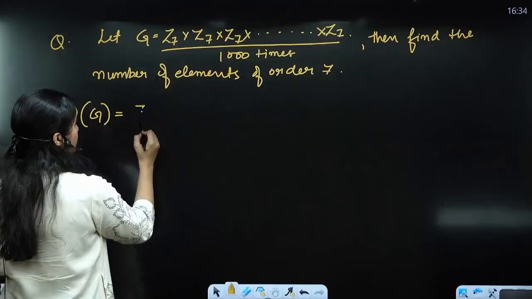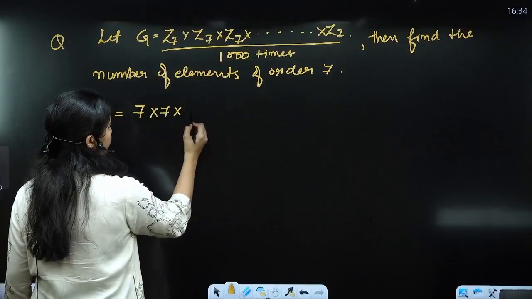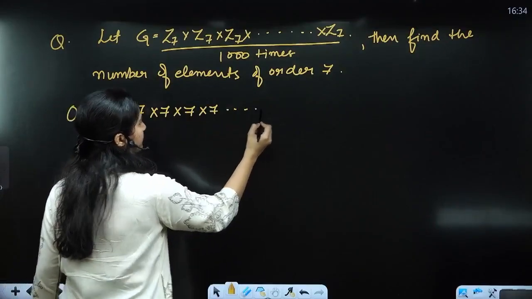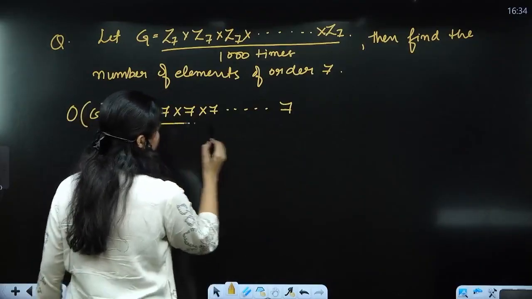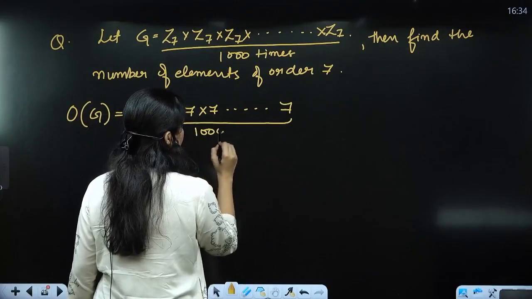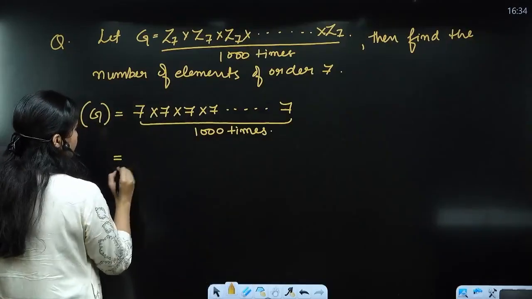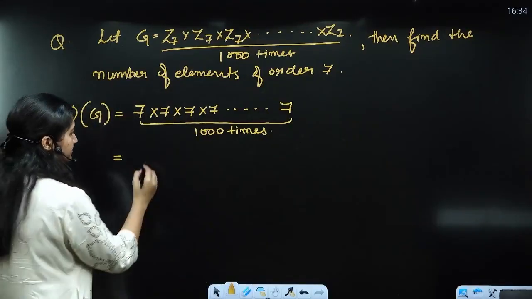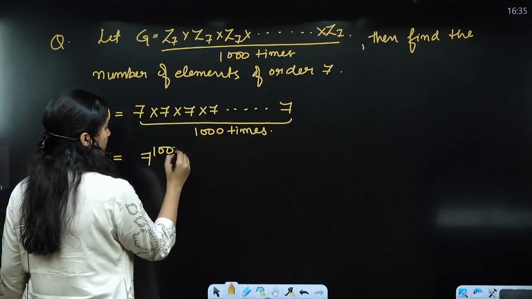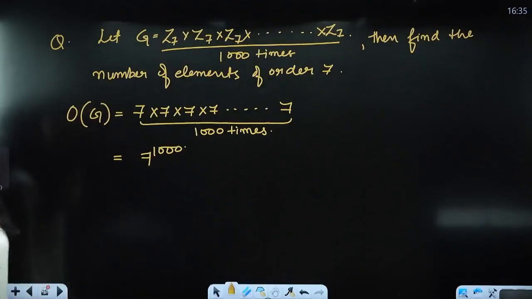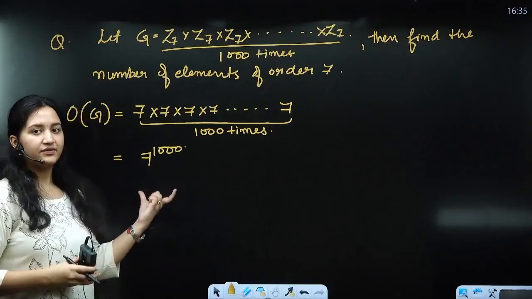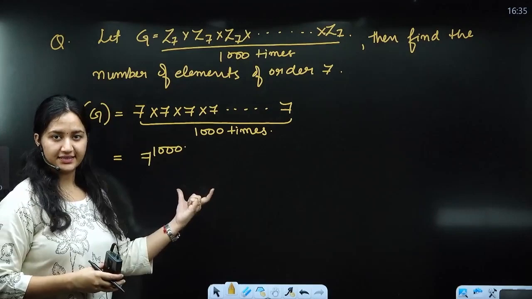Now here, what is the order going to be? 7 cross 7 cross 7 cross 7, and this is going to be 1000 times, right? Those who want to try can definitely pause the video here and try by themselves. So the order of the group is going to be 7 to the power 1000. That means it has a total of 7 to the power 1000 elements in it, right?